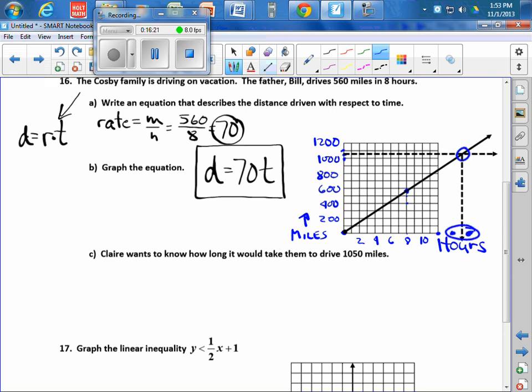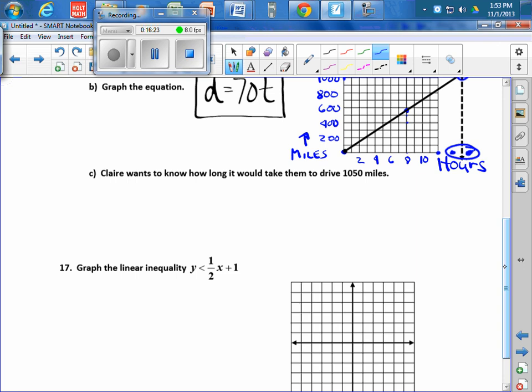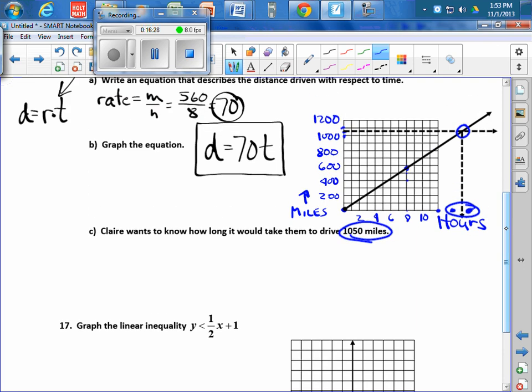Well, the other thing we could do is to take 1,050, since those are our miles, put that in for the distance, the miles. So 1,050 is equal to 70 times t. Divide both sides by 70.